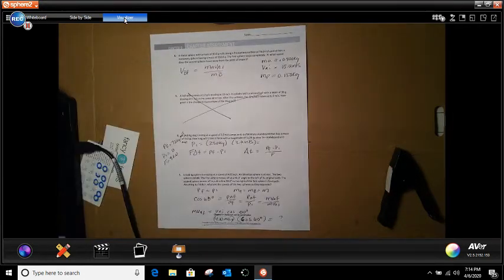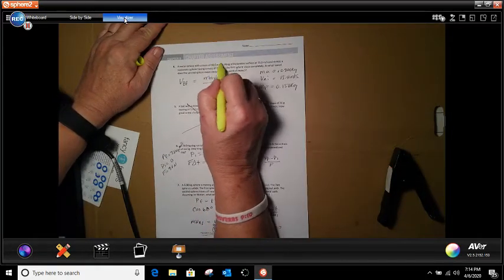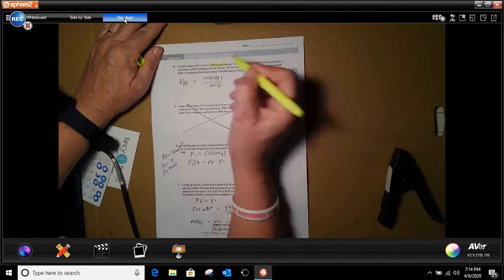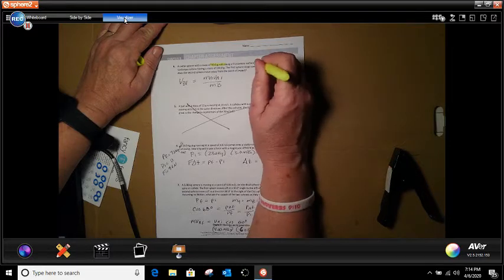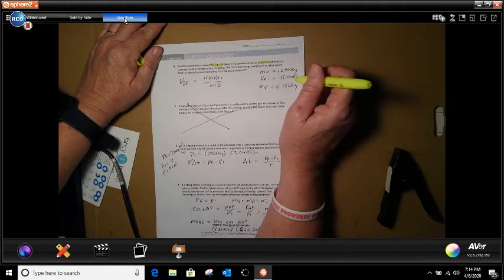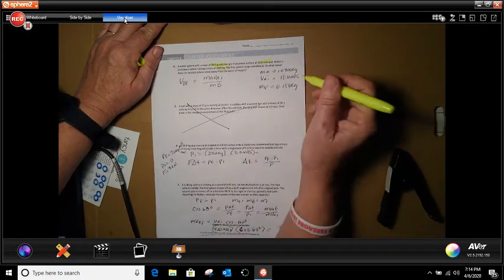And then the last page. A metal sphere has a mass of 90 grams, and as you can see, I changed that to kilograms for you already for the mass. This frictionless surface is 15 meters per second. Well, that is my velocity. And it strikes a stationary sphere with a mass of 150 grams.